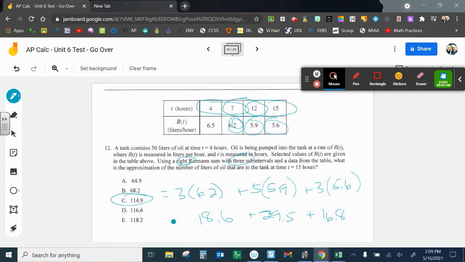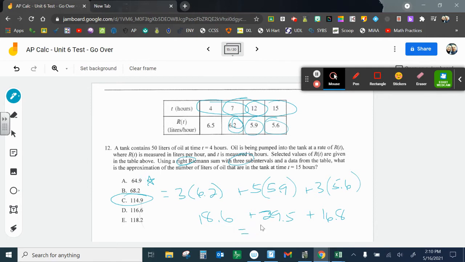No, that can't be right. Okay, yep, I didn't add the 50. So mine will add up, 18 and 29 is 37, 63.8, 64.3, 64.9.